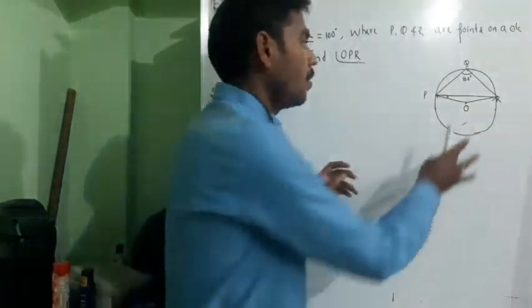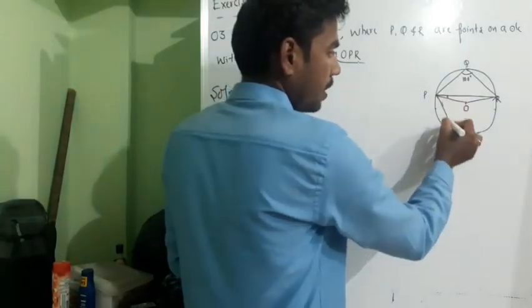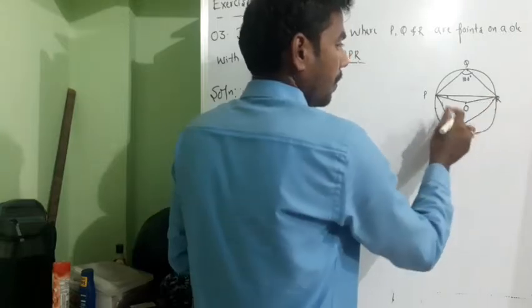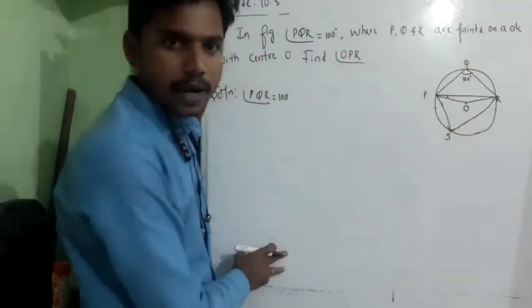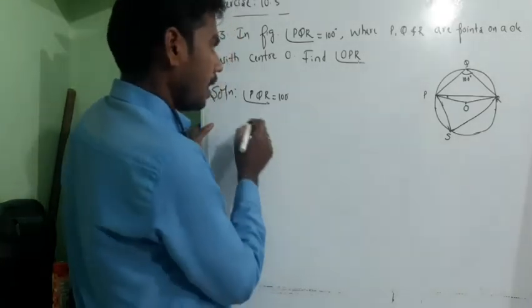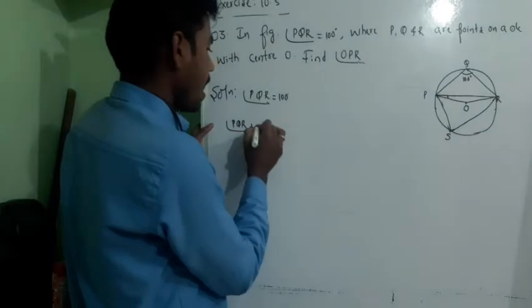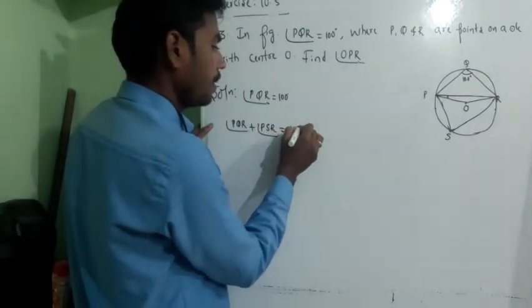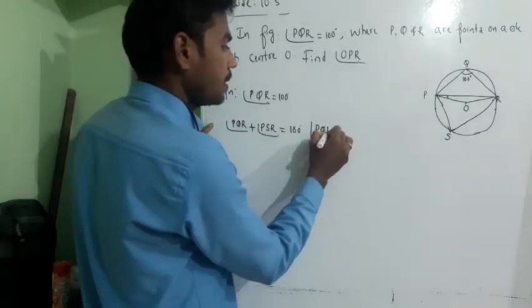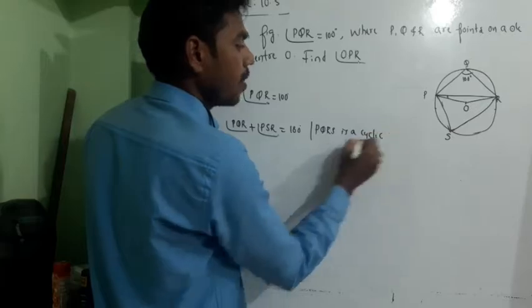For that, we will do one construction. Mark a point S and join PS and SR. So now PQRS is a cyclic quadrilateral. In that case, angle PQR plus angle PSR is equal to 180 degree. What do you mean by cyclic quadrilateral?